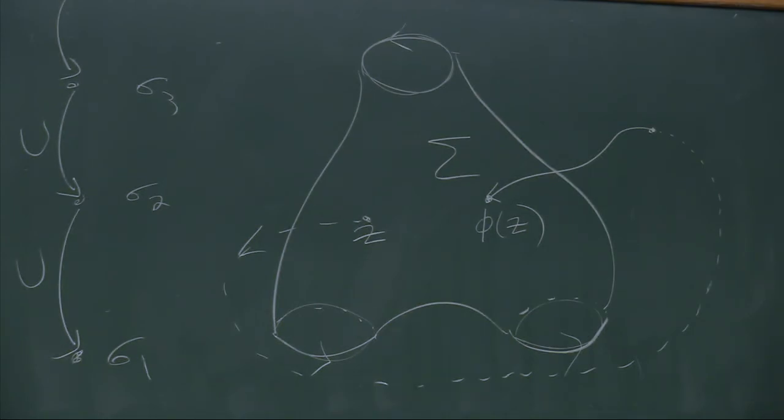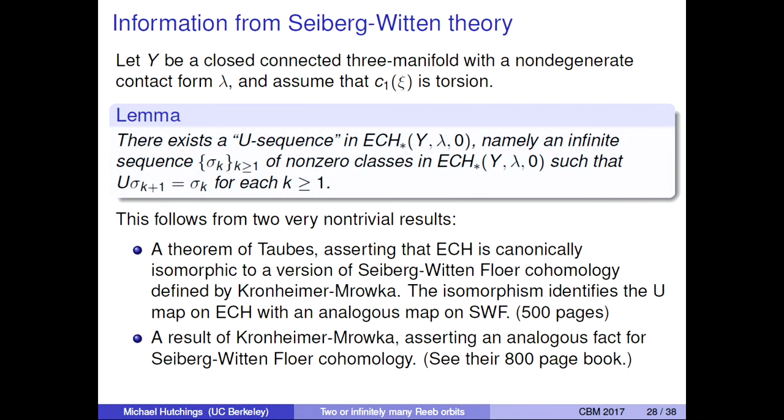And the way to prove this is you have to combine two very non-trivial things. The first is that Taubes proved that embedded contact homology is canonically isomorphic to a version of Seiberg-Witten Floer cohomology of the three-manifold, as defined by Kronheimer and Mrowka. And the proof of that is a 500-page series of papers. Second, once you know this, you can take any facts you know about Seiberg-Witten Floer homology and carry them over to say things about embedded contact homology.